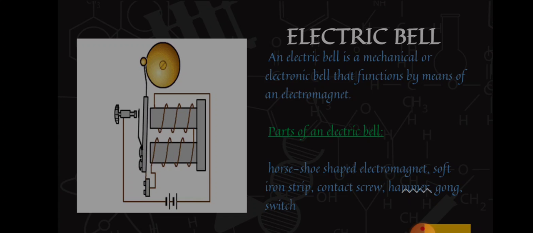Now, what parts are required for making an electric bell? You can even make an electric bell model. For that you have to take an iron piece, a magnet, a bowl, one spoon, a battery, and a switch.